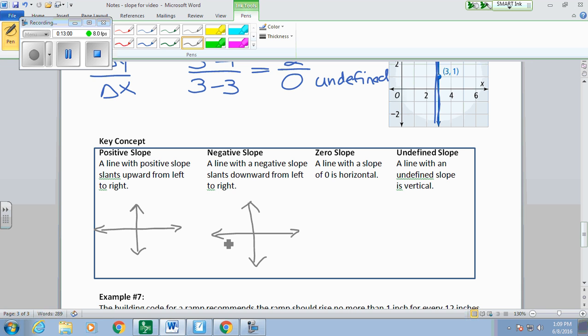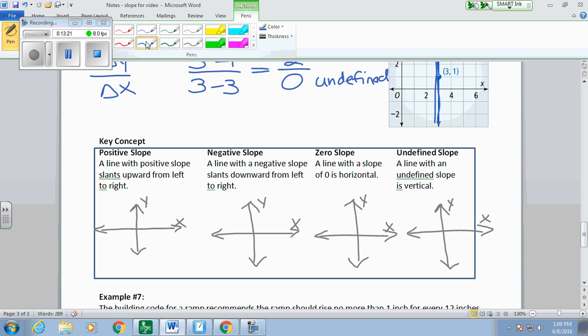I'm going to draw 4 coordinate planes here. It's also a good idea to label your x and y axis, just for practice. Never hurts.